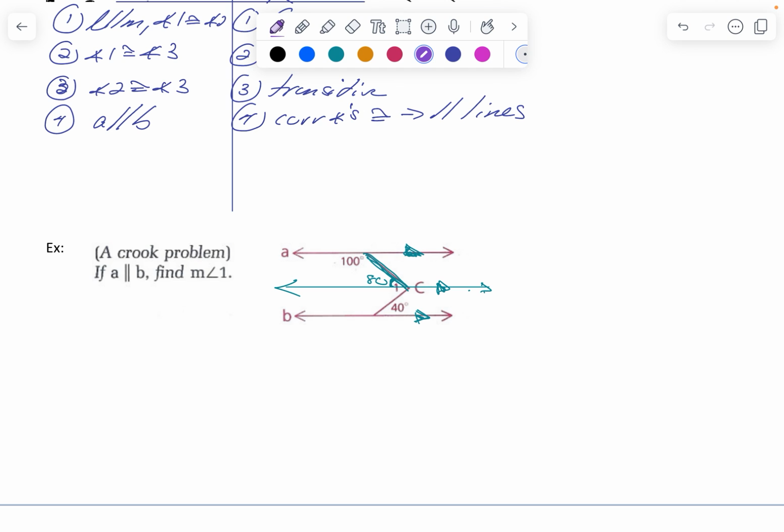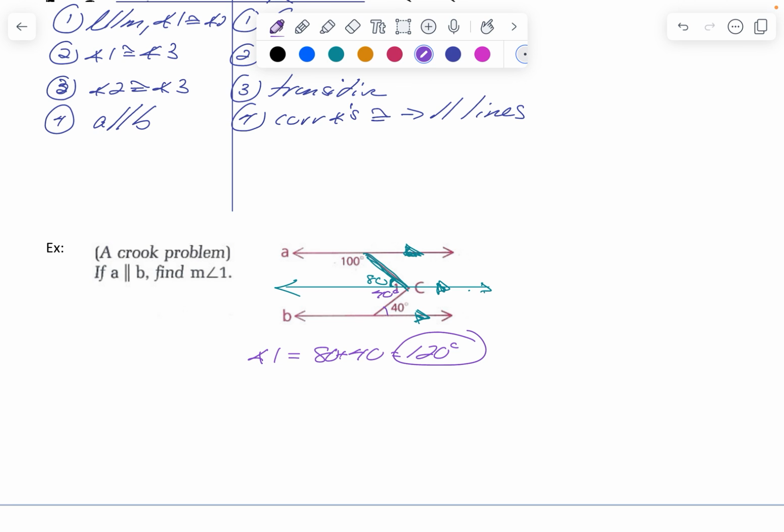And then down here, if this is 40, then this piece right here would be 40 degrees because it's alternate interior. So now we know that angle 1 is going to be 80 plus 40, or 120 degrees. So when you have that situation, that's how you have to handle that problem, by drawing in that parallel line.